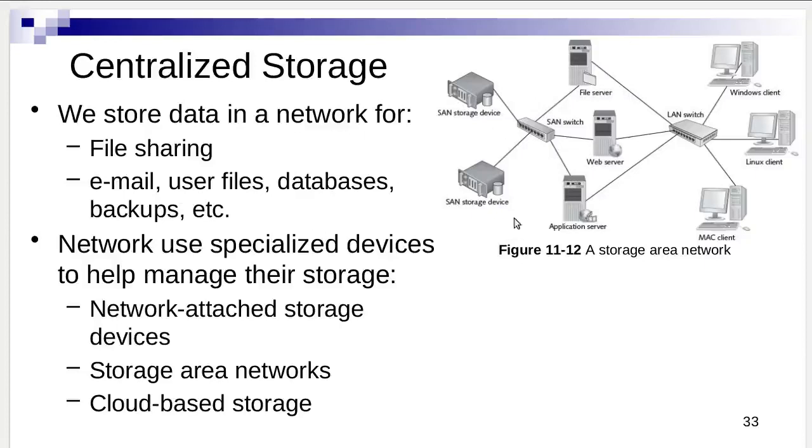So this is more of what you would see in a data center, and you tend not to see that in a local area network, but every once in a while you do see storage area network storage devices on a small network. You can have that in a small LAN, and there are actually benefits to doing that even in very small networks.